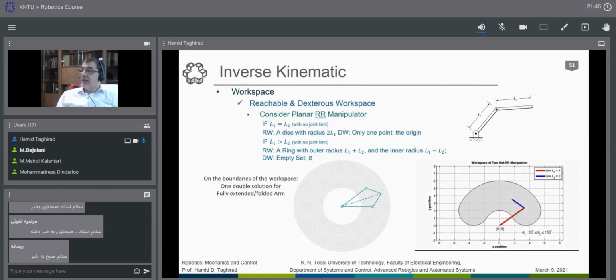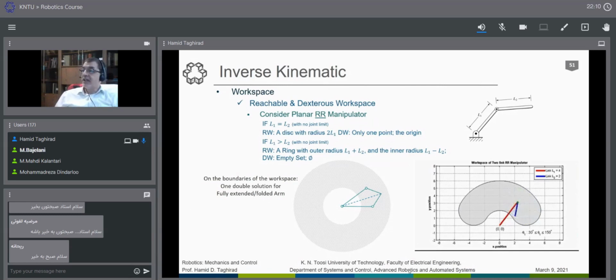As you see, with the rotation of the angles with some grid point, you can find the total workspace of the system. Here we have some limits, and if you have the limits in the joint angle, as one of the students asked last time, then the workspace will not be the whole ring, but a portion of that.